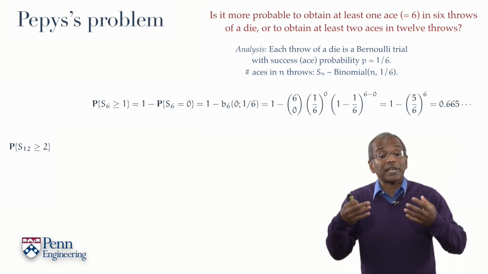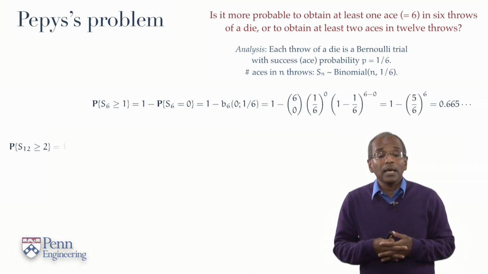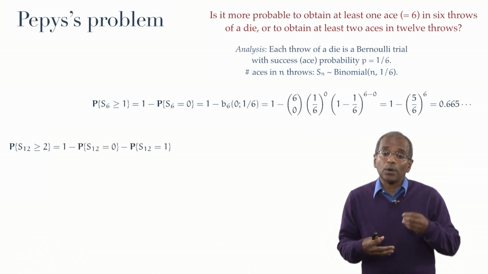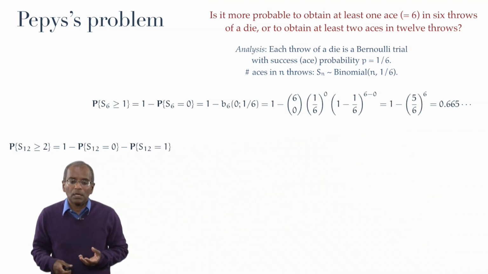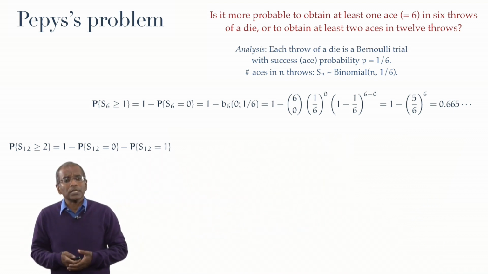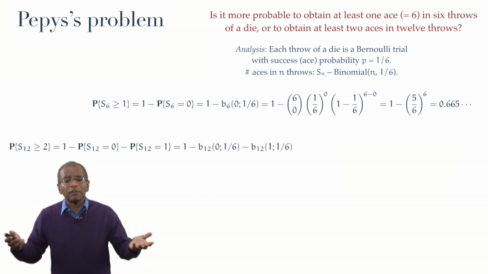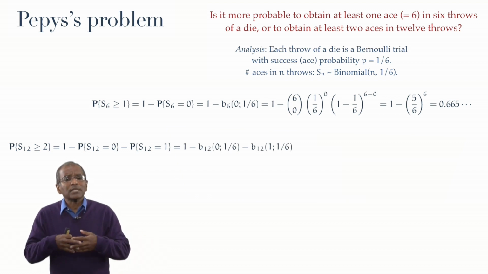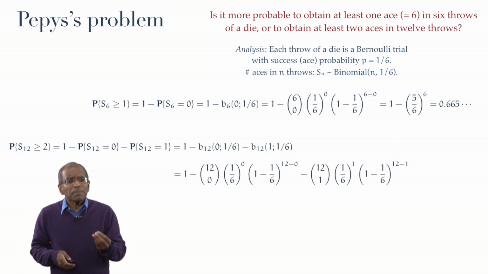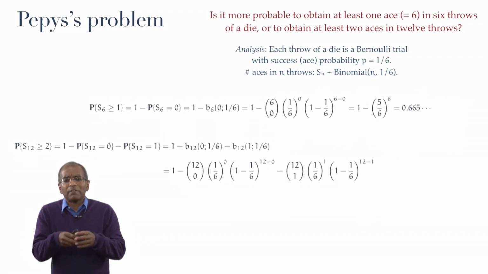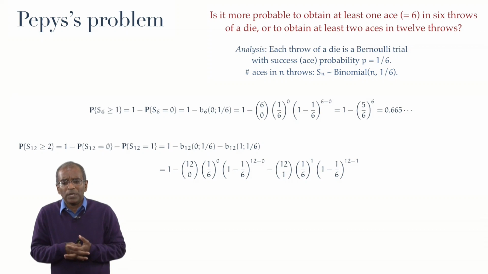And therefore the probability of getting at least 2 successes is 1 minus the probability of getting no successes minus the probability of getting 1 success. Of course, these are our binomial probabilities. We just write them down, evaluate them, and we get simple binomial expressions which simplify very quickly, and a very simple calculator will give this for you.